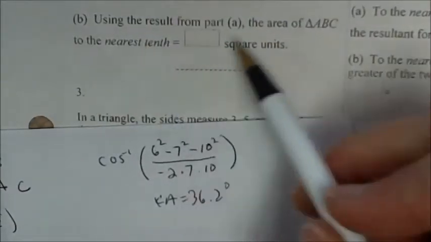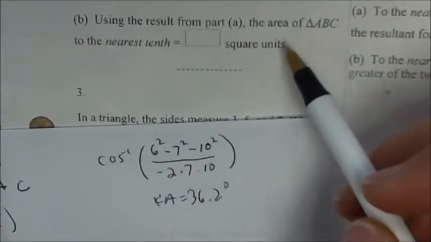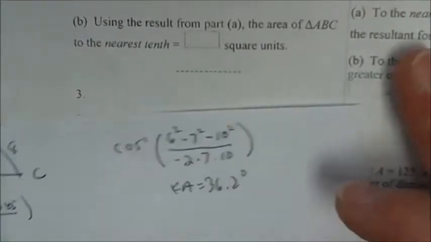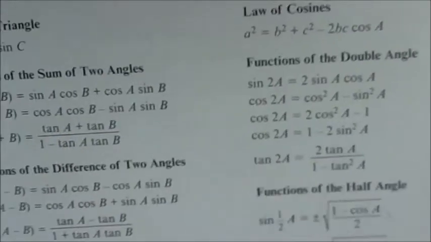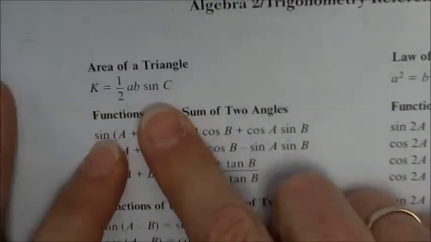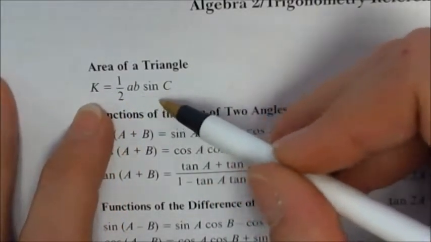Part B says, find the area of triangle ABC. Well, your formula sheet has the area of a triangle in the upper left-hand corner, right off from your reference sheet, which is 1/2 ab sine of C. Well, these letters, as long as they're all different, can be jumbled up, rearranged.